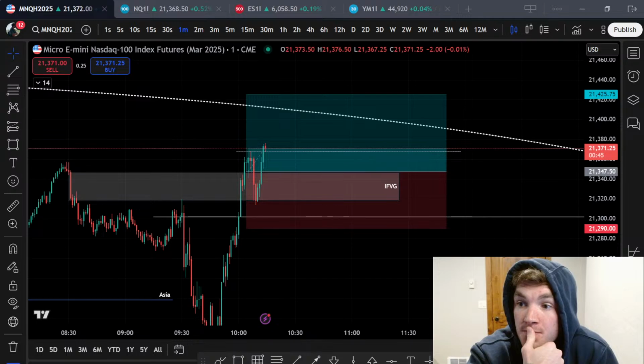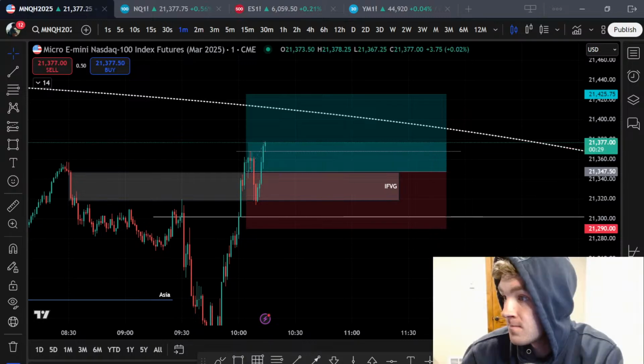Okay, I'm in risk free now. I think it was a good idea to put the stop here because I did not want to risk more than I wanted to risk on this trade.